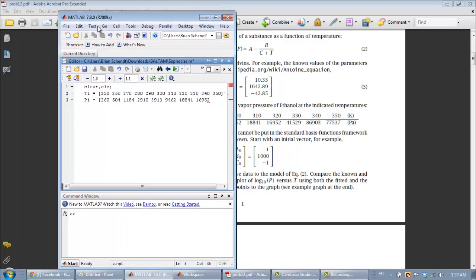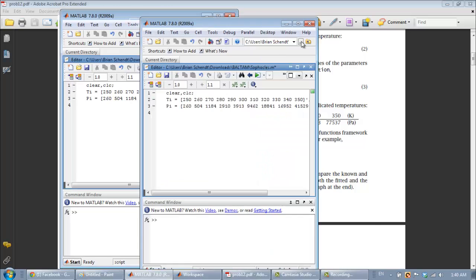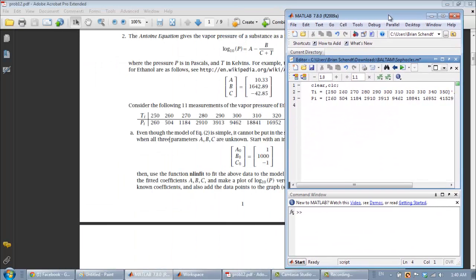Move this over momentarily. 41529 86 3 77 537. Again, transpose, and hopefully everything works. I know it's a lot of numbers, so things could go wrong.